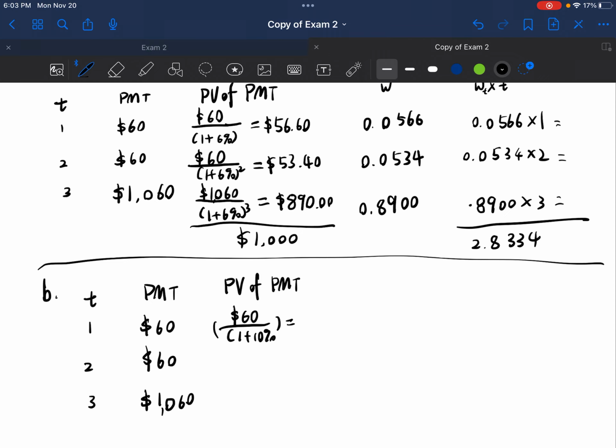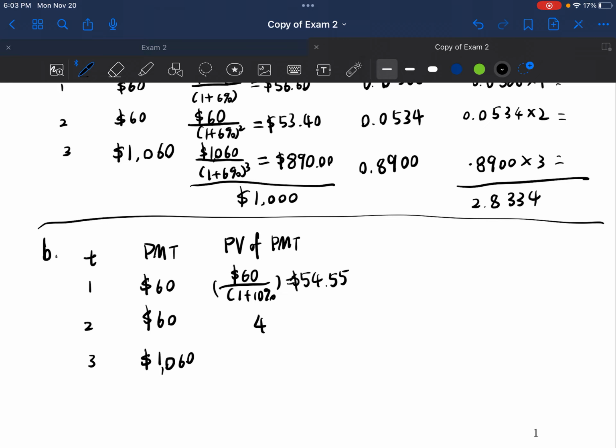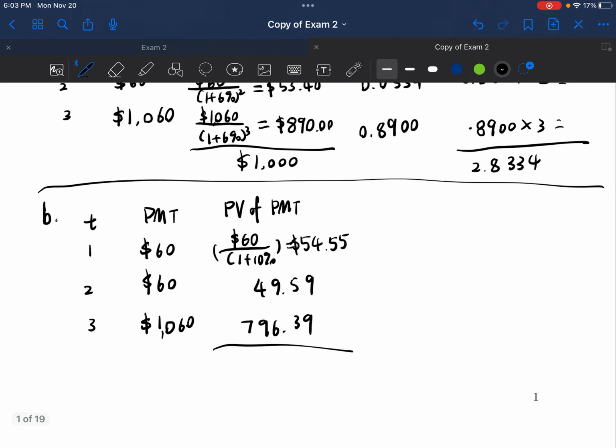That gives us 54.55. Next one gives us 49.59. Next one gives us 796.39. If you add them together, now the present value of this bond, or you can say the price of this bond, is 900.53.